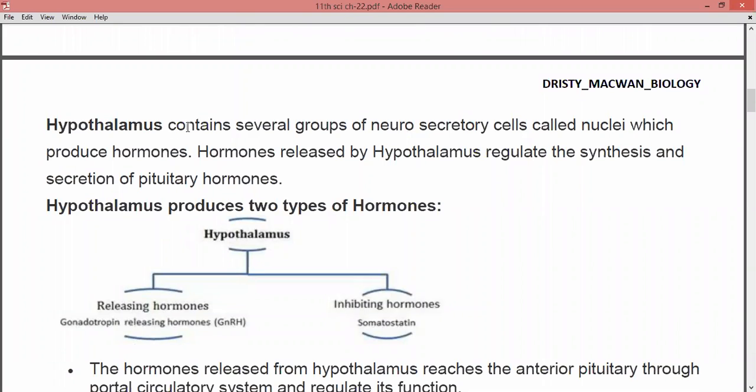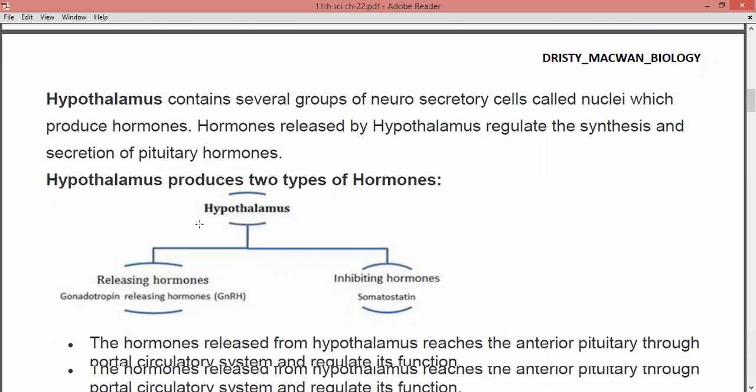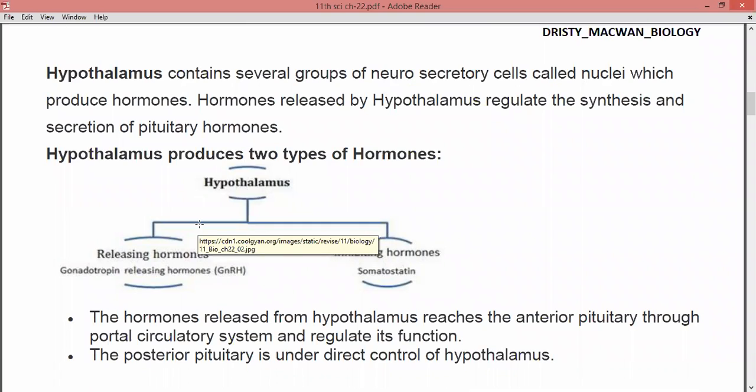The hypothalamus contains several groups of neurosecretory cells called nuclei, which produce hormones, right? So the hypothalamus is made up of several groups formed by specialized cells known as neurosecretory cells, and they are called nuclei. These neurosecretory cells have the ability to produce hormones.